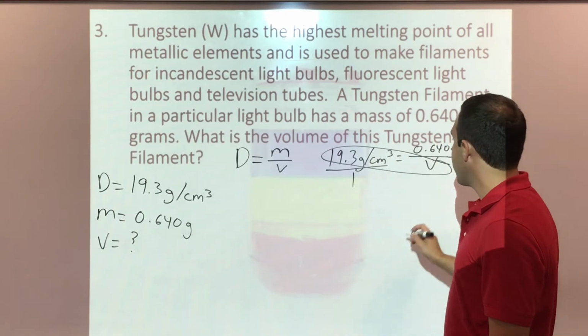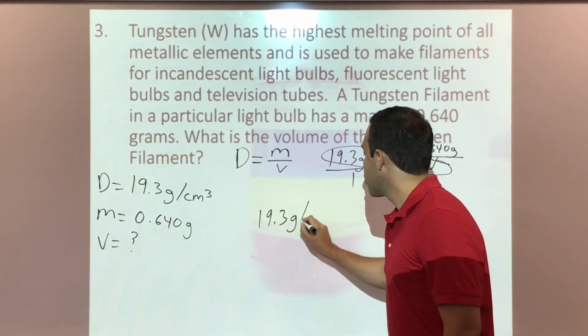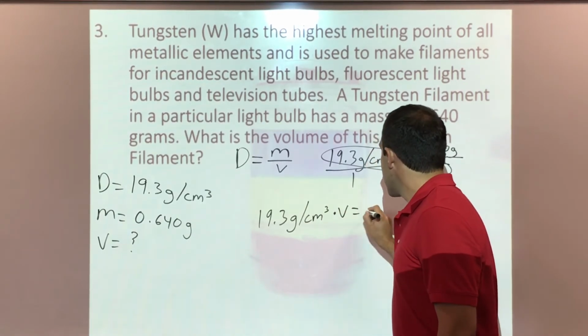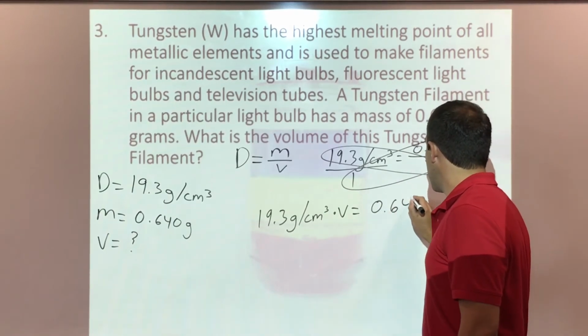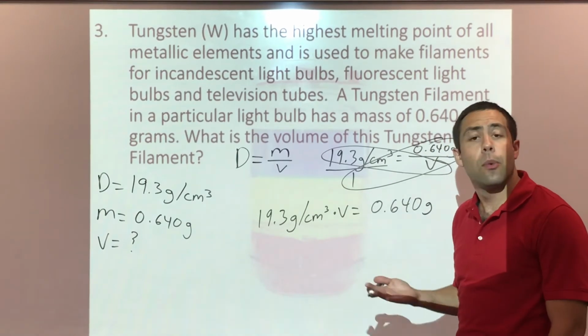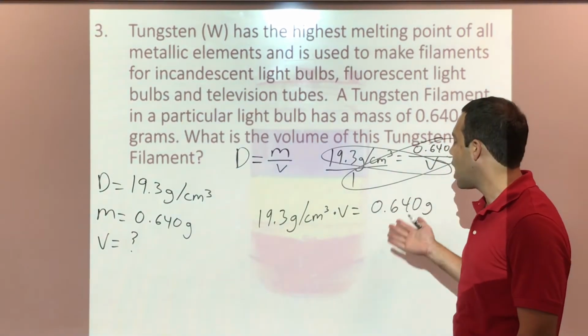So here we have 19.3 grams per cubic centimeter times V equals 0.640 grams times 1. Once again, we're multiplying by 1, so we don't have to write the 1 because anything times 1 is just itself.